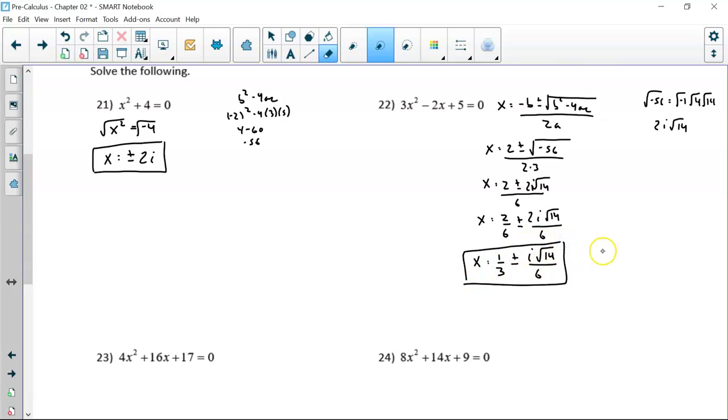Like I said, the book might write it like this: 1/3 plus or minus the square root of 14 over 3i. Same thing, just a little bit different format.